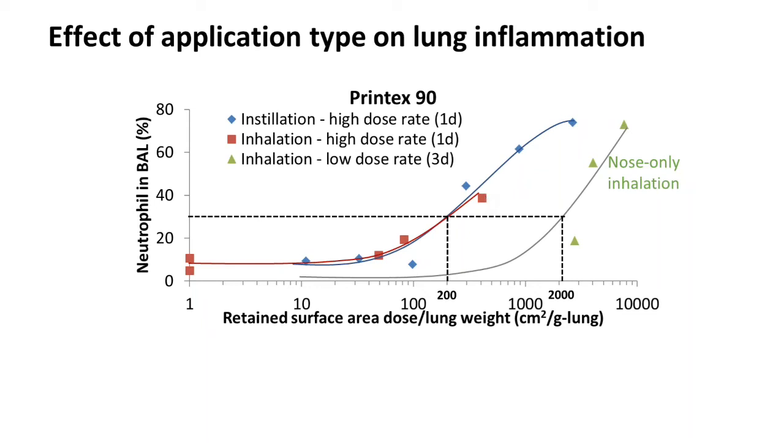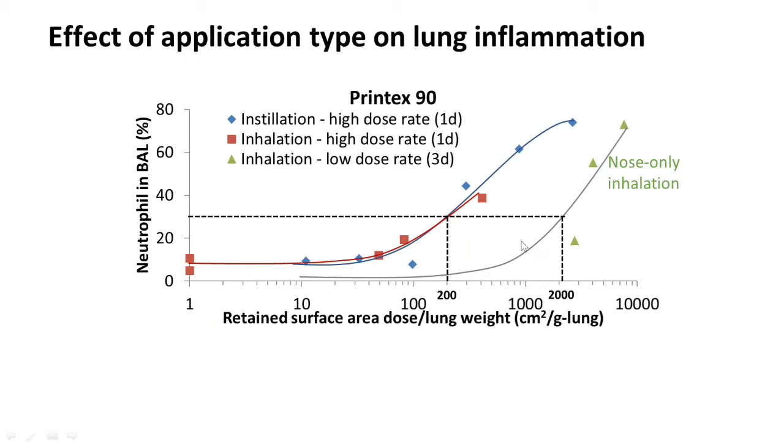So very similar dose rate as for instillation, and you see that they mingle very, very closely. Yeah. So that is, I think, the first proof that the difference between instillation and inhalation is the dose rate, if you keep the dose rate right, you get about the same response, at least for Printex 90. So although the distribution is so vastly different, apparently the biological response is quite comparable.